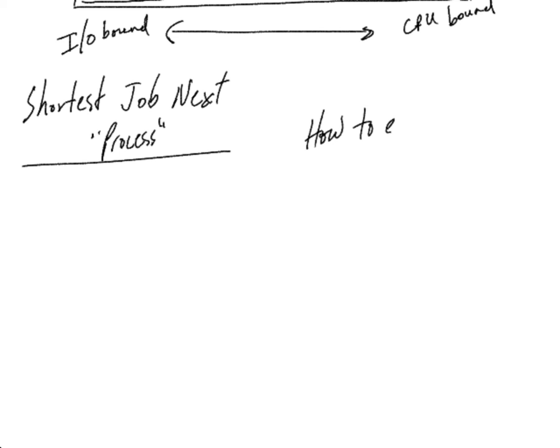We could ask the job, how long are you going to take? And of course, the developers of the process, the writers of the code, are going to say, oh, I hardly take any time, because they want to get to run first. So we can't rely on that. So we have to rely on running multiple times.